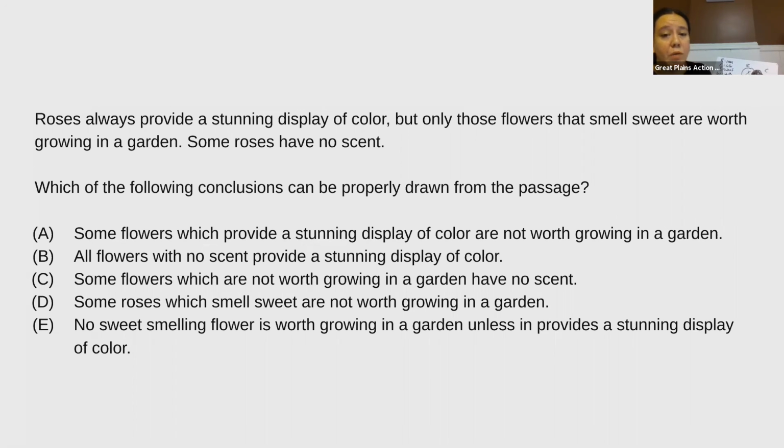Some flowers which are not worthy of growing in the garden have no scent. So something outside of W is also outside of S. Oh, and that is true. We see that, right?